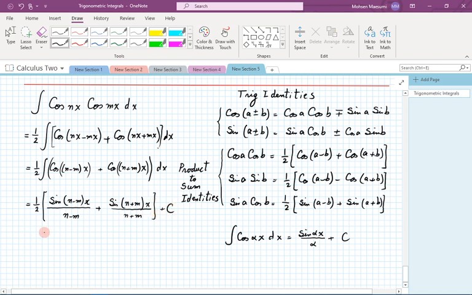This is provided that n minus m is not 0, and n plus m is not 0 either. In case they are 0, well, cosine of 0 will be 1, and you just write the antiderivative as just x and you're done, or interpret these things with a 0 denominator to mean just x.